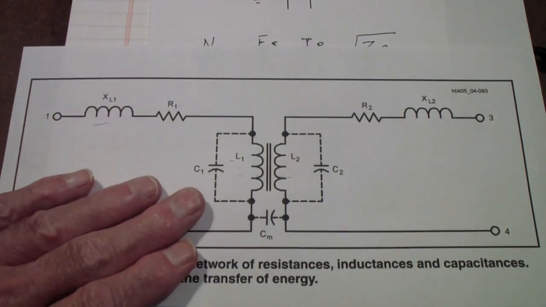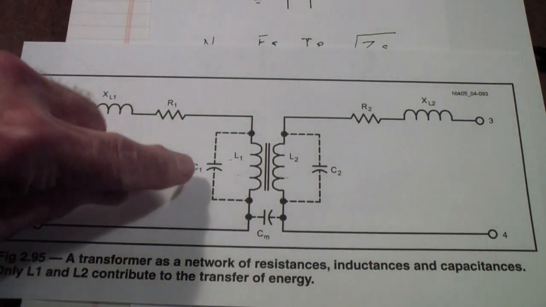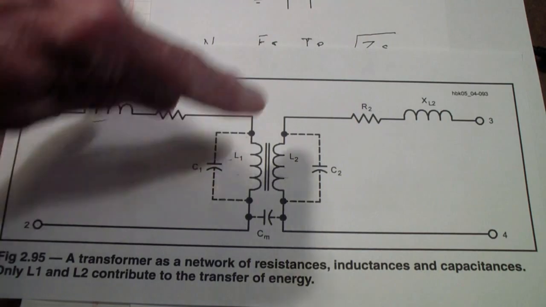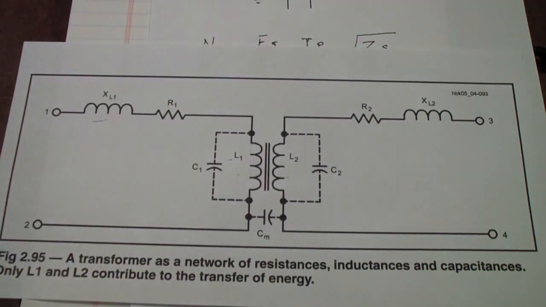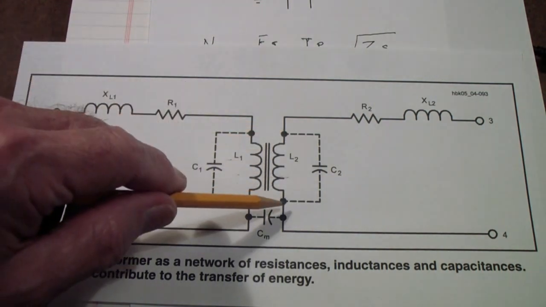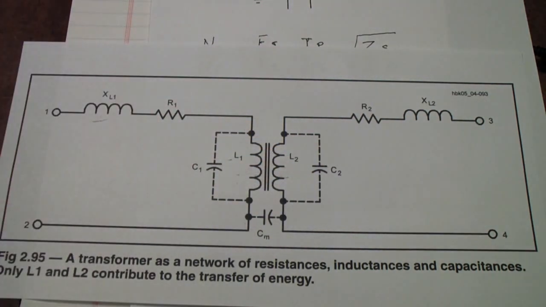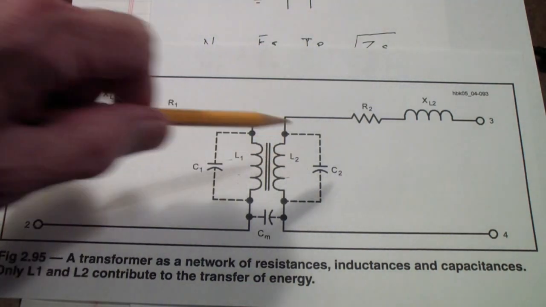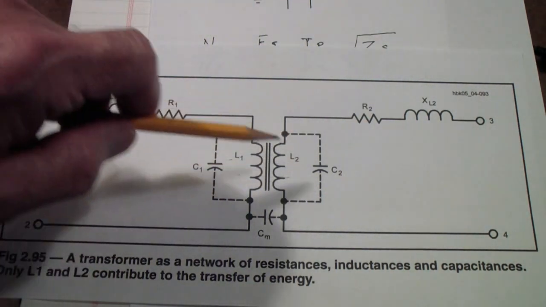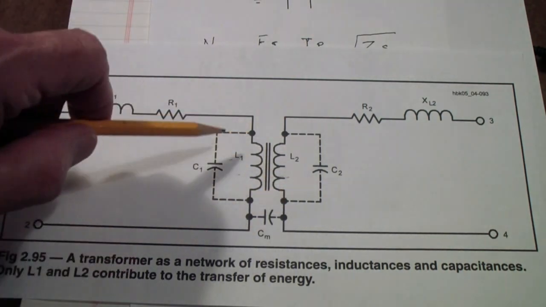I'm not going to talk more about this model at this time, except we will note that when we start measuring things, for example, if you leave the secondary open, what you actually have is a tuned secondary. That is, this capacitance and this inductance will tune to some frequency. And at that frequency, there will be a tremendous amount of energy absorbed from the primary.